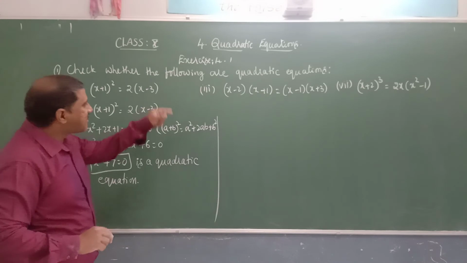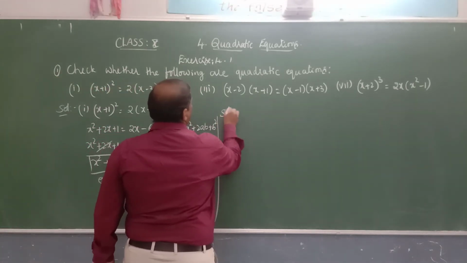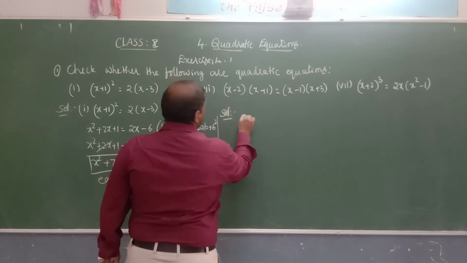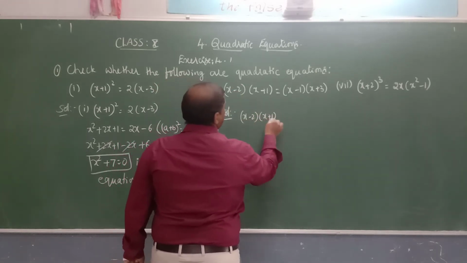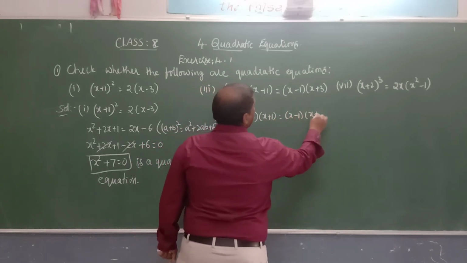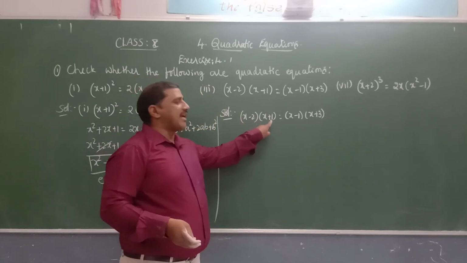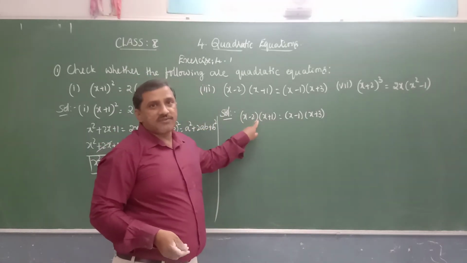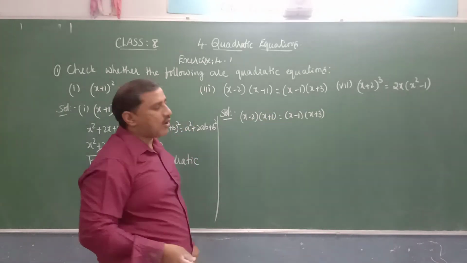Now we will discuss the third bit, whether it is a quadratic equation form or not. So what is it? x minus 2 into x plus 1 is equals to x minus 1 into x plus 3. So first multiply them. x minus 2 into x plus 1, that is the product of two binomials. How do we multiply two binomials?